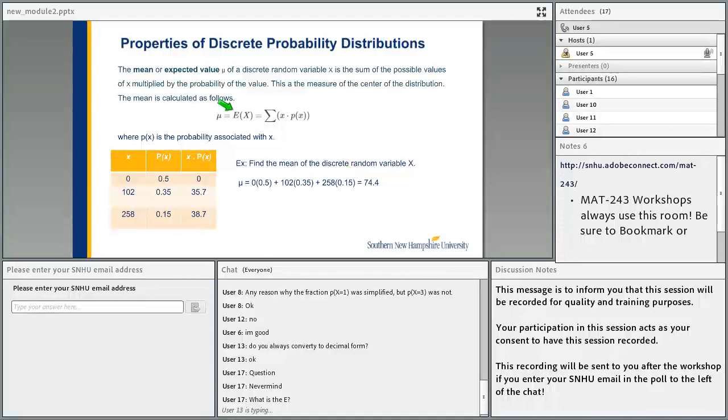E of X is just a notation for the mean of a discrete random variable. Another word for mean is expected value. So instead of just saying mu equals summation X times P of X, we are also adding E of X because it's just another way of denoting the mean.